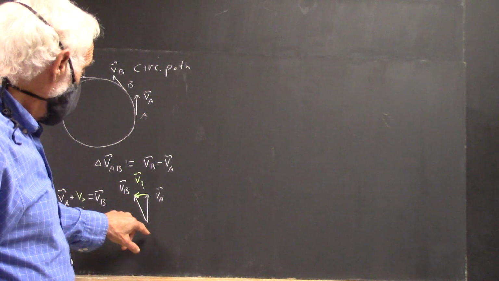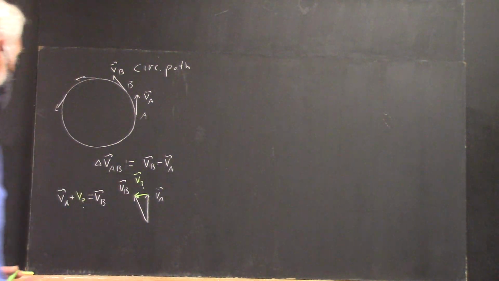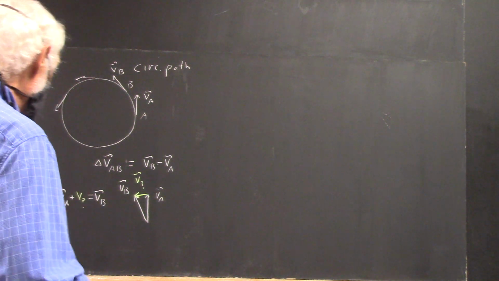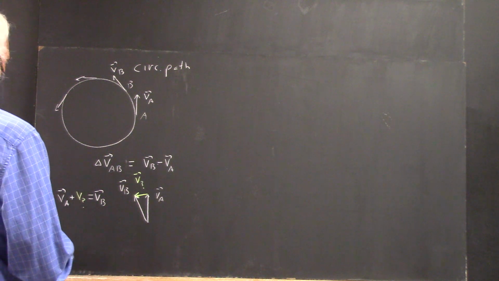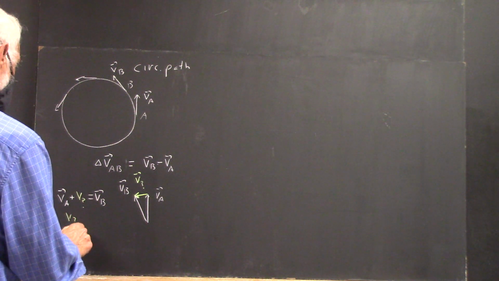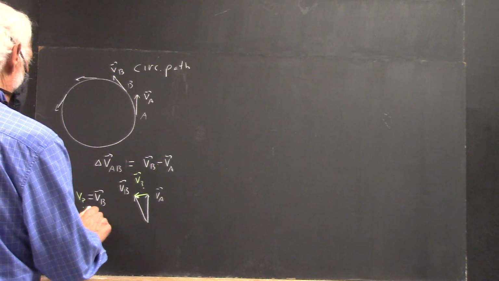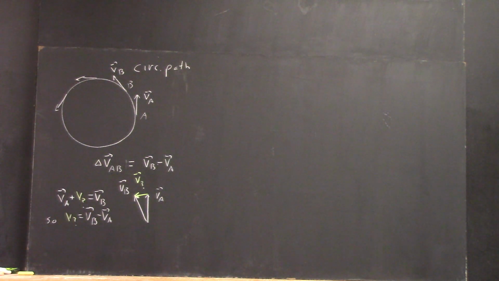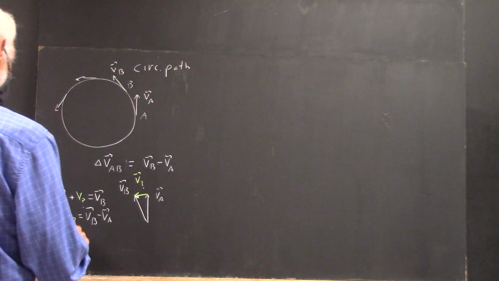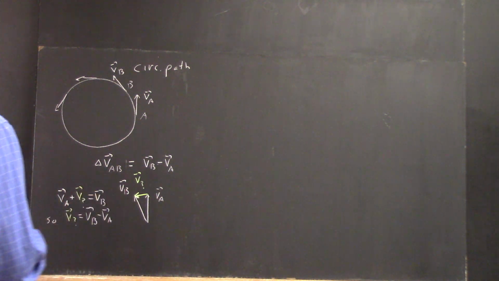You know, from here to here is the same as from here to here. And that's what it means. Of course, that's how we add vectors. So V question mark is vB minus vA. Of course, V question mark is a vector, so I want to put an arrow over it.